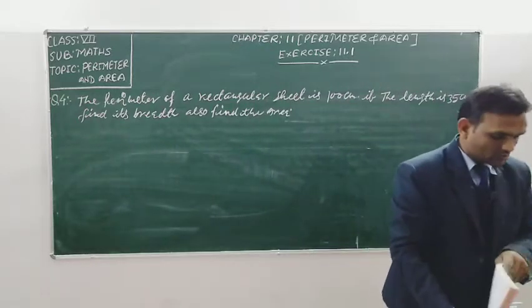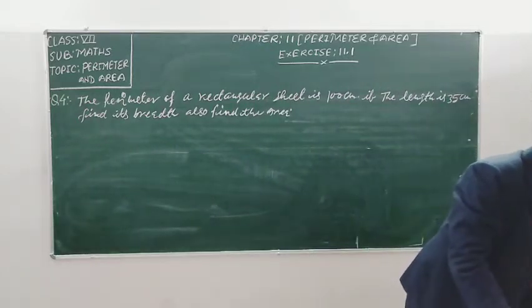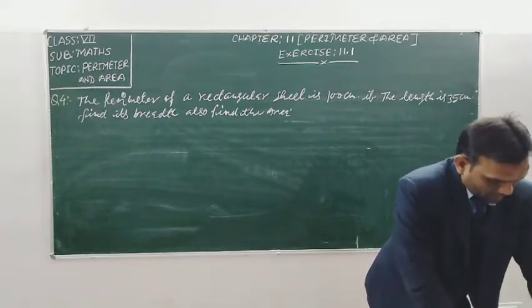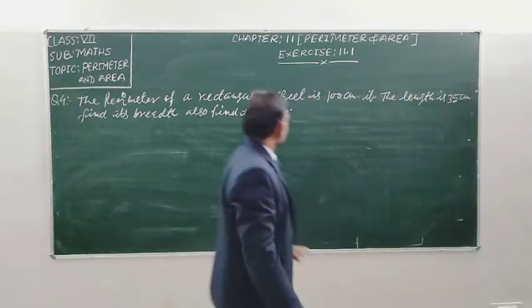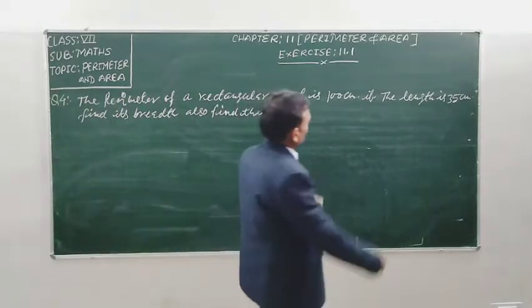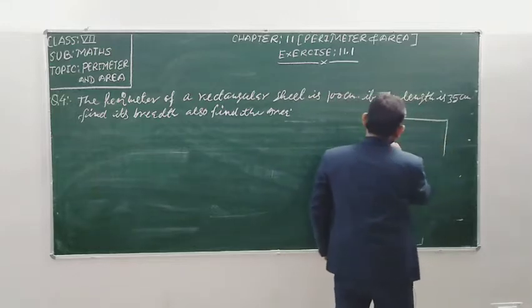This is a very easy question, student. Firstly, try to understand the meaning of the question. The perimeter of a rectangular sheet. Suppose that this is my rectangular sheet.